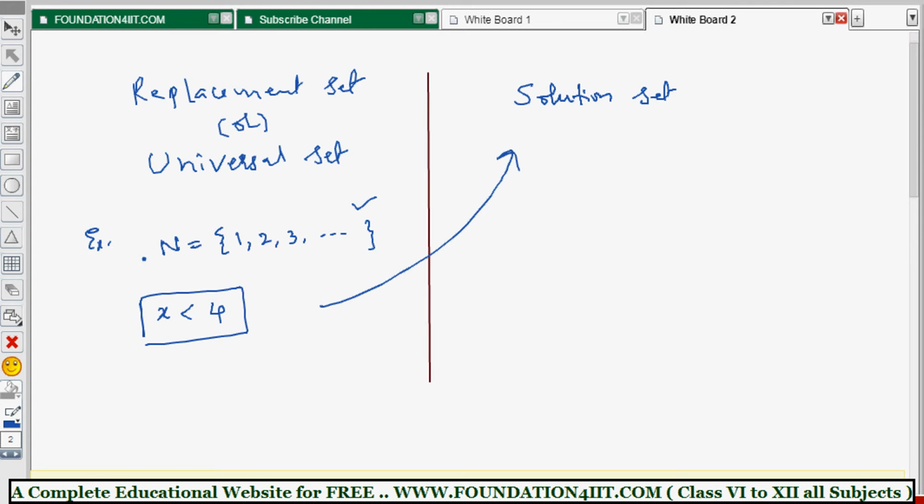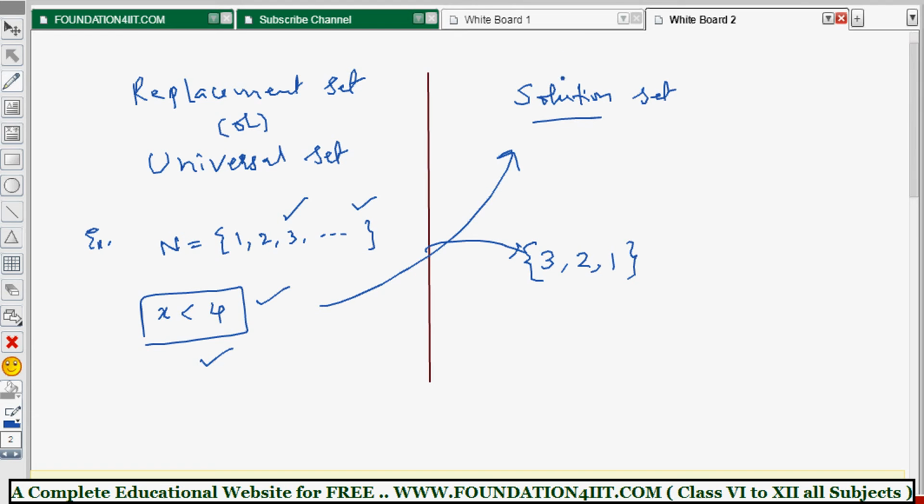So from all the natural numbers, those which satisfy this inequation x is less than 4 are only 3, 2, 1, because 0 and minus 1 are also less than 4, but they are not natural numbers. Now this is the solution set. And this is the replacement set. From this we can replace for the solution. Replacement set or universal set: from this, whatever values satisfy the given inequation, that is the solution set.